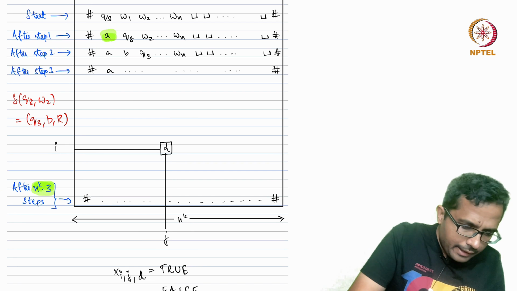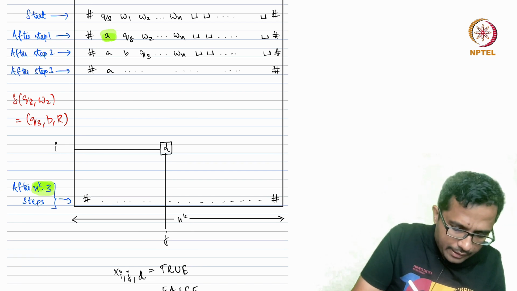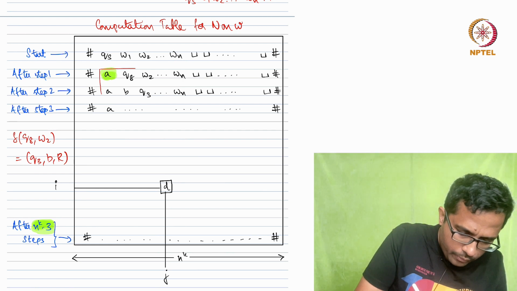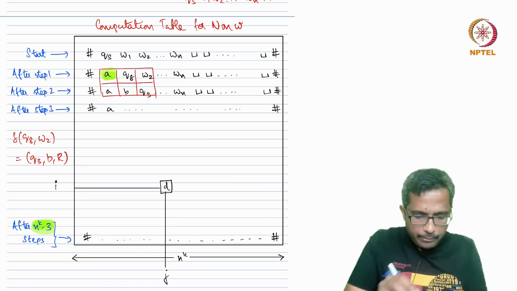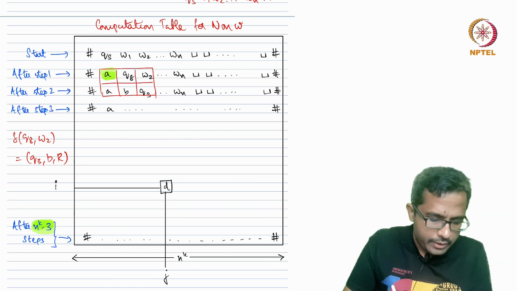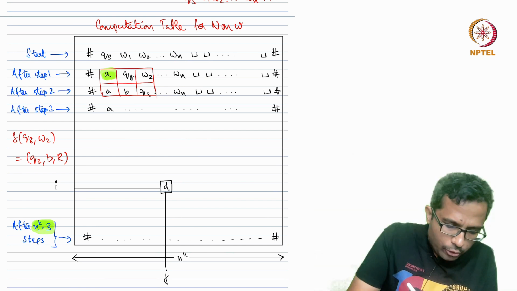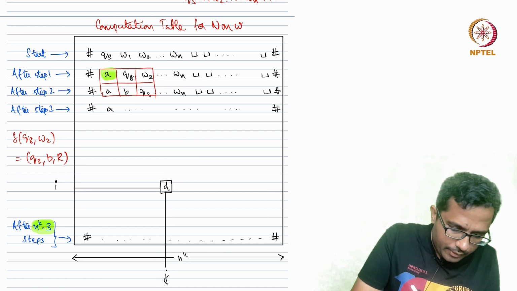Think of there being windows like this. When I say window, I am talking about a part of the table which has 2 rows and 3 columns. Think about this window moving one step.